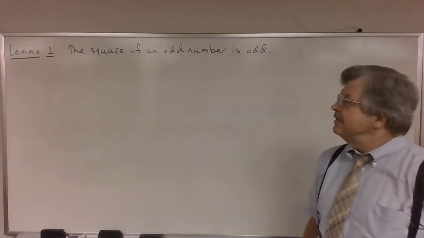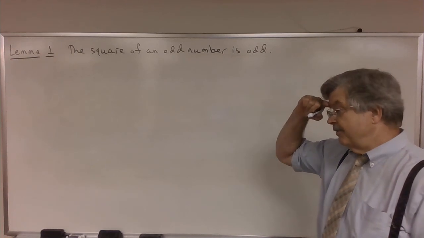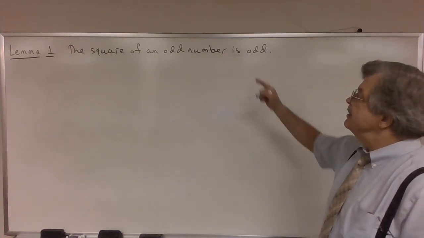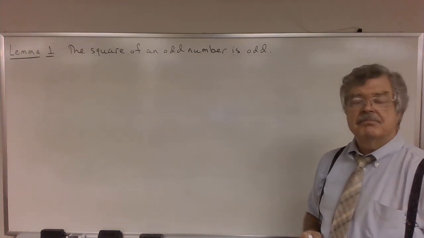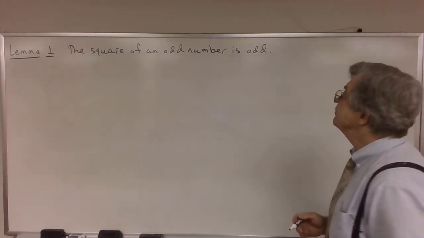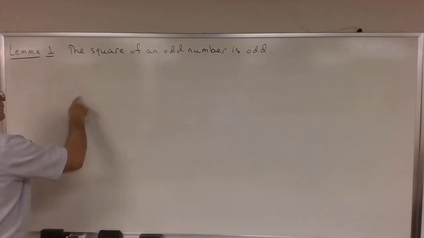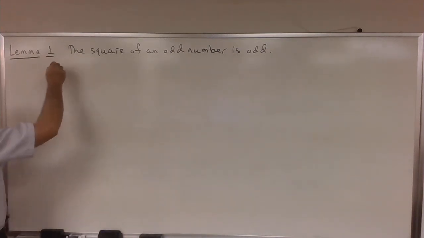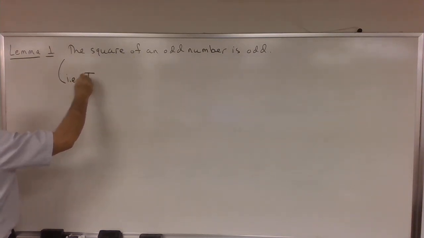Now let's do a few lemmas that we're going to need for our square root of 2 proof. The first lemma is that the square of an odd number is an odd number. So let me write this in an if-then form. Let me write this as a conditional statement.